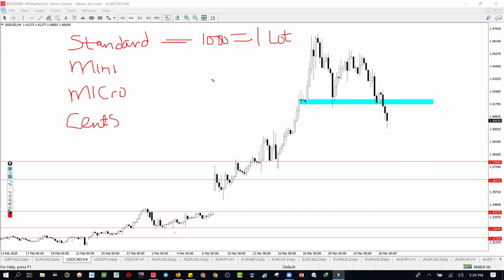So on a mini account, you have $10,000, or maybe €10,000, whatever your base currency is, equals one lot.